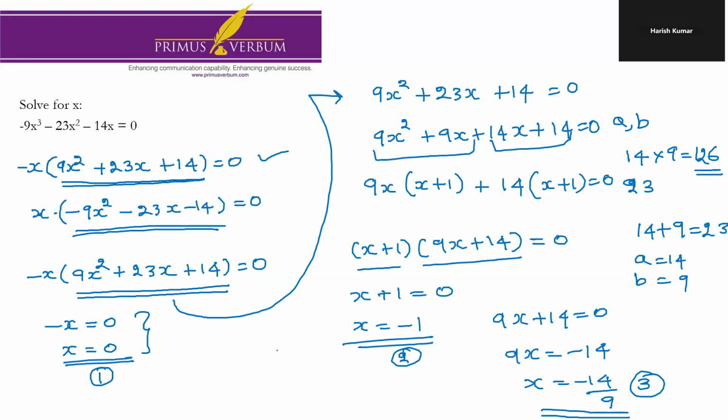So when solving cubic equations, look out for the possibility of finding a quadratic equation within the cubic equation. And this will work out especially when you have a cubic equation without a constant term.